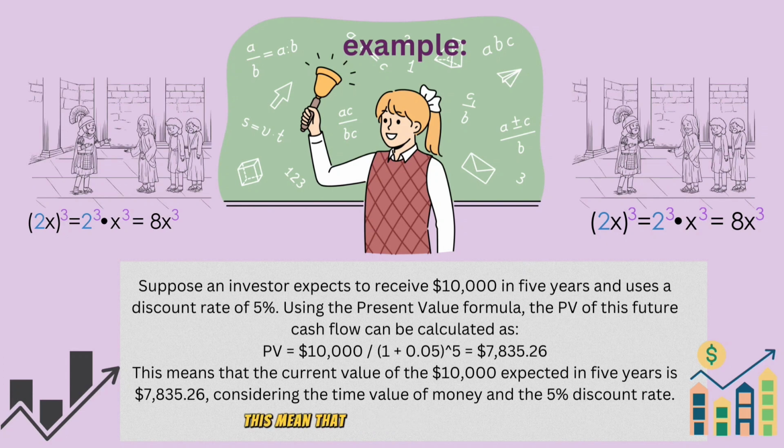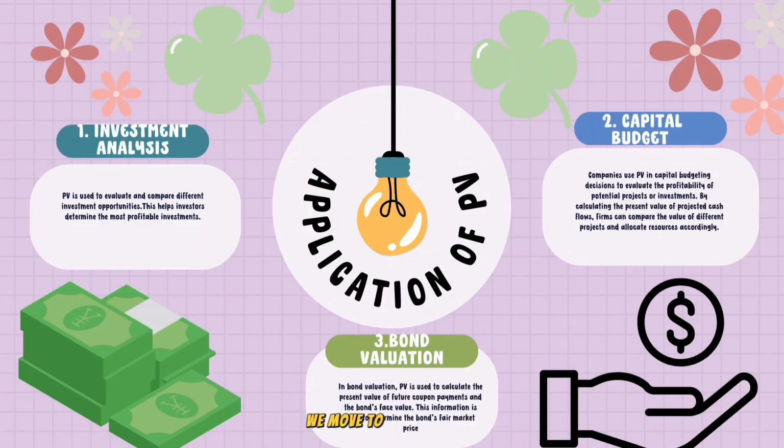This means that the current value of 10,000 expected in 5 years is 7,835.26, considering the time value of money and the 5% discount rate.